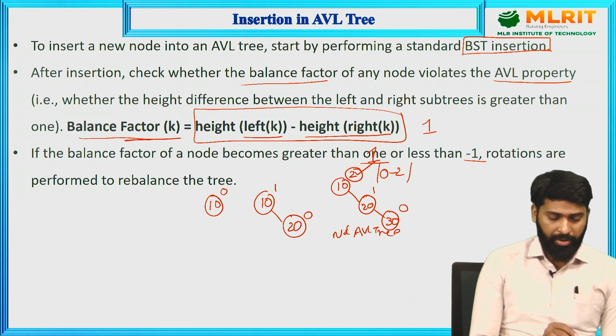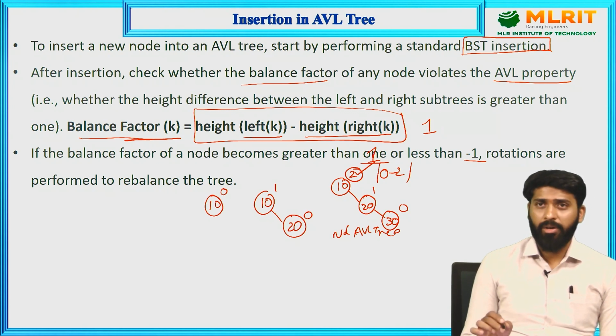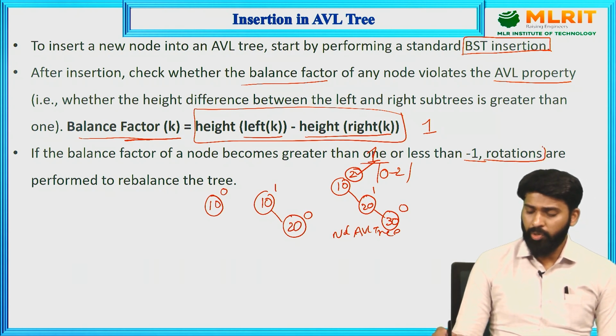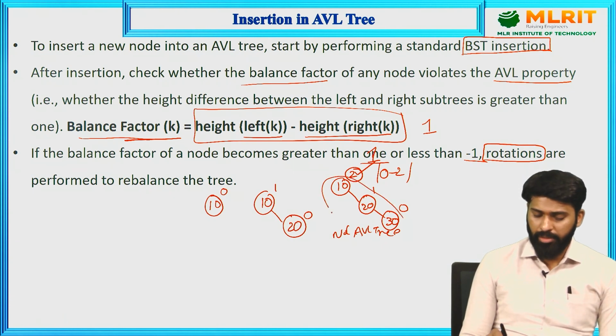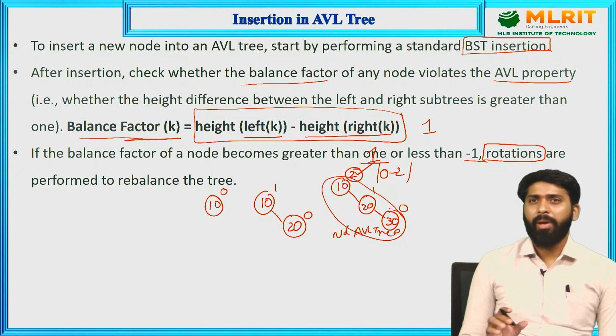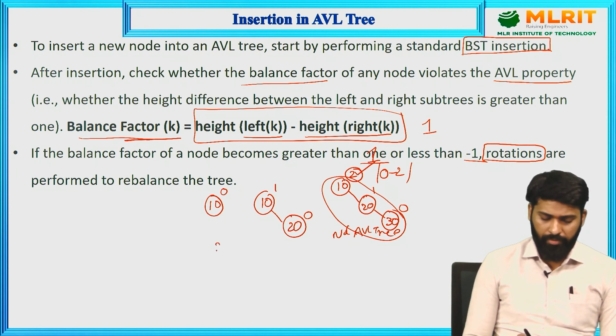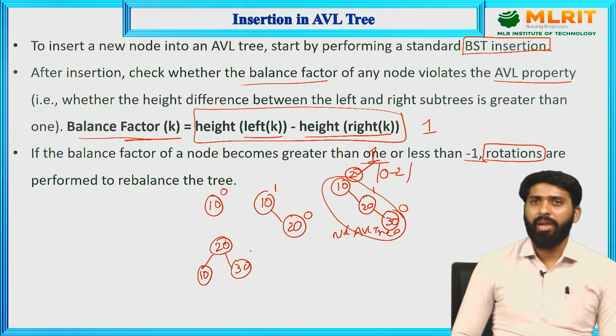Now we perform rotations. Okay. Now if you observe here, this is the tree. So how we balance means, if the 20 is root, 10 is left and 30 is right, now it is balanced.